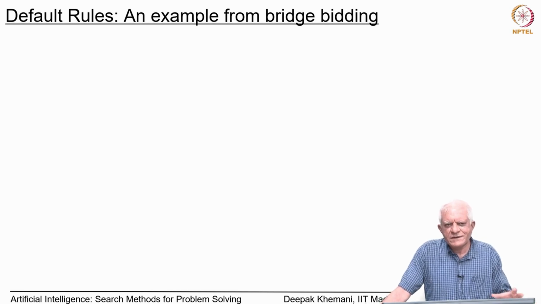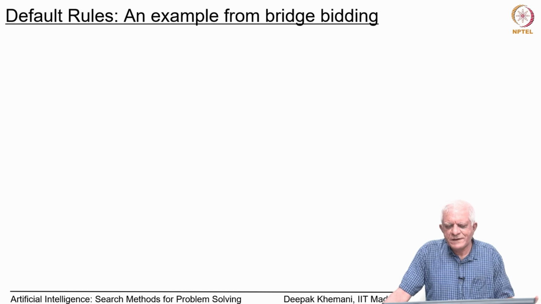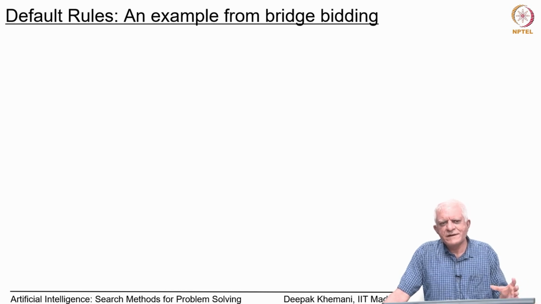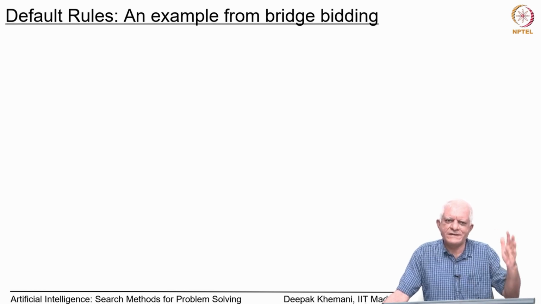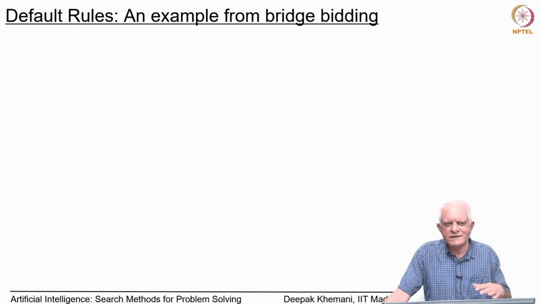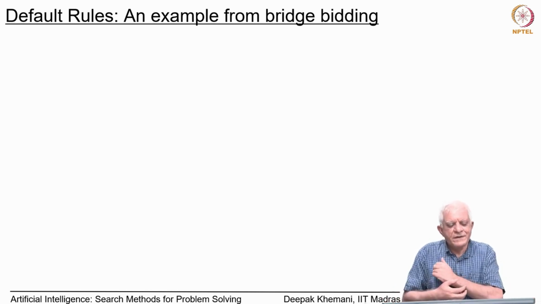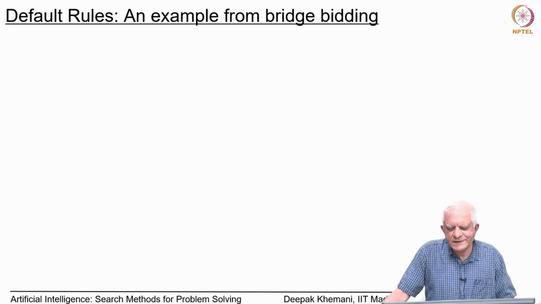If you want to write a rule based system, you must implement it in such a way that it is complete, which means that in any situation it tells you what to do. The idea of default reasoning is that if you can't think of anything very specific, there must be some very general rules or default rules which will tell you that you can always do this thing essentially. So, the system should never get stuck essentially. That is easy to implement in bidding here.